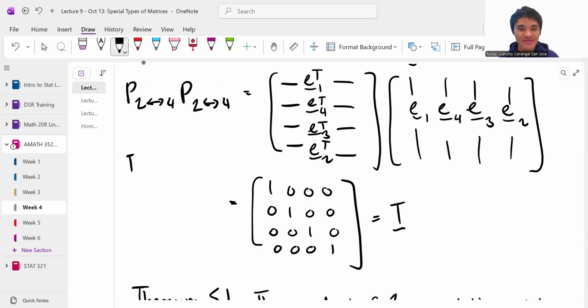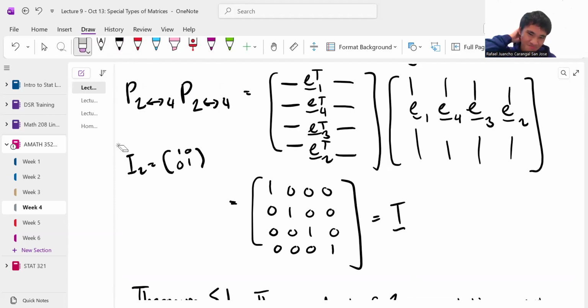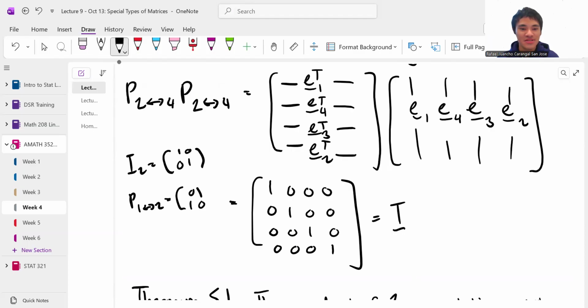So say we have I2, that's 1, 0, 0, 1, because we have two ones here, I sub 2. And let's say my permutation matrix is, I'm going to switch row 1 and 2, because that's the only thing I can switch. This is going to be 0, 1, 1, 0.